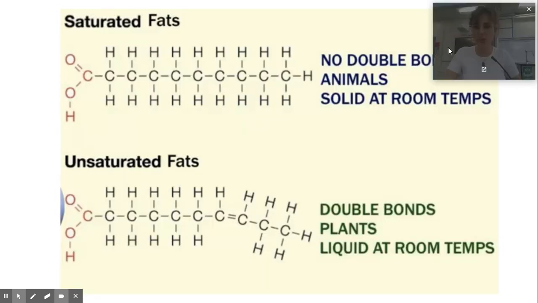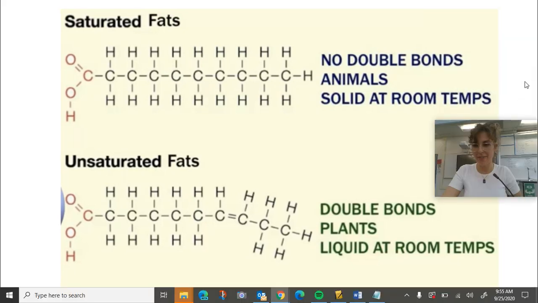So now let's talk about the two different types of triglycerides, okay? You have likely heard of saturated fats, and hopefully also unsaturated fats. We talked about them in my class before. So first, I just want you to observe these two and try to notice the differences, and then we're going to go through.